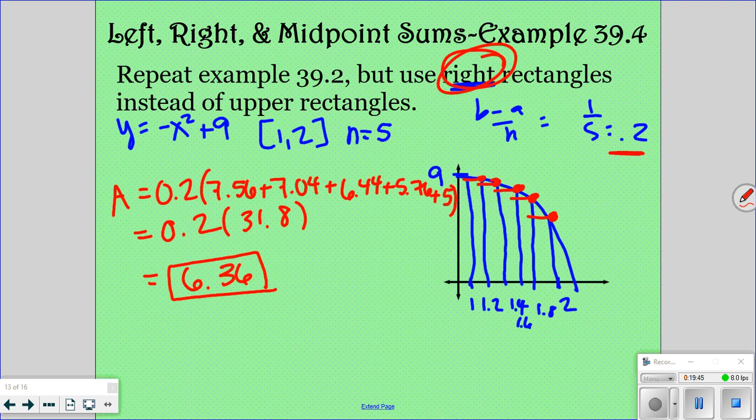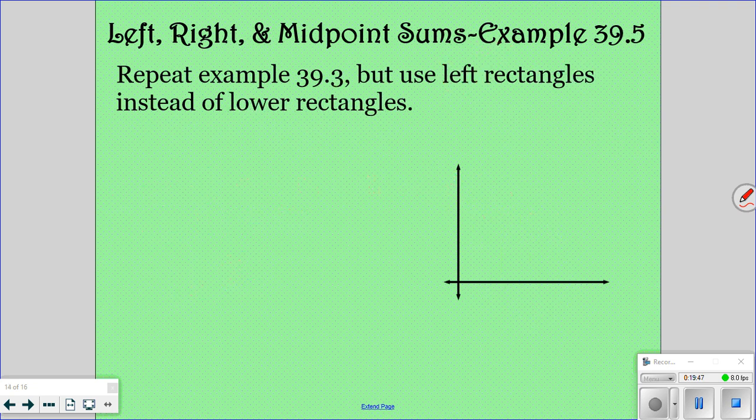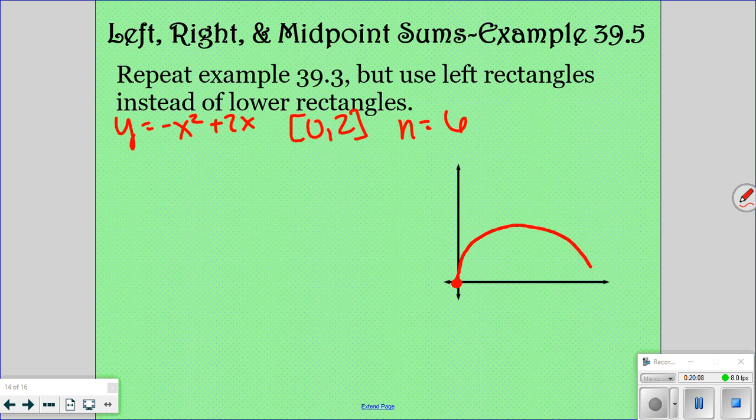So now we're going to look at left rectangles. We're going to do example 39.3 using left rectangles. That said y equals -x squared plus 2x on the interval 0 to 2, with n equals 6. So that's the one where we factored, and it went from 0 to 2.